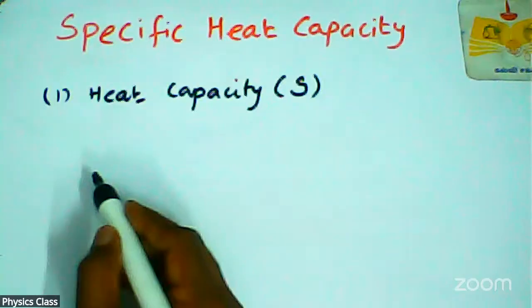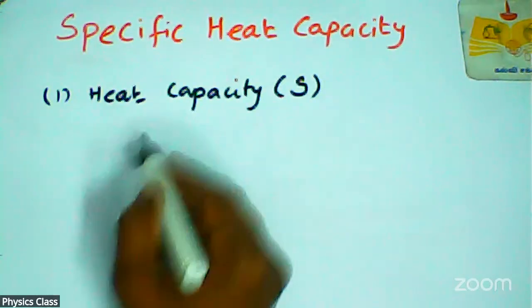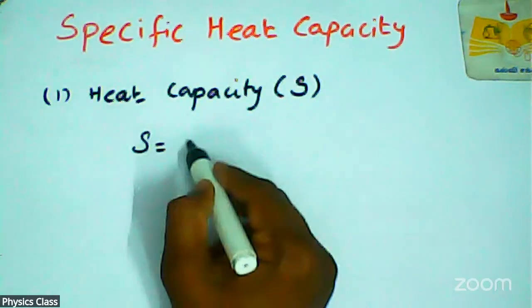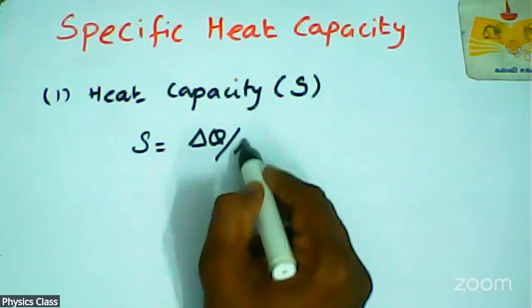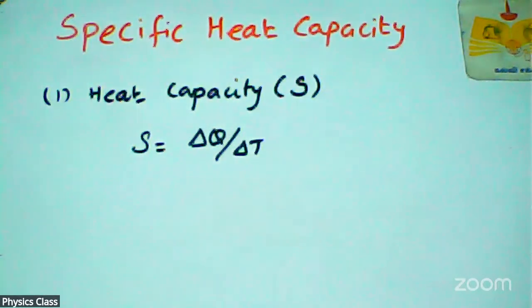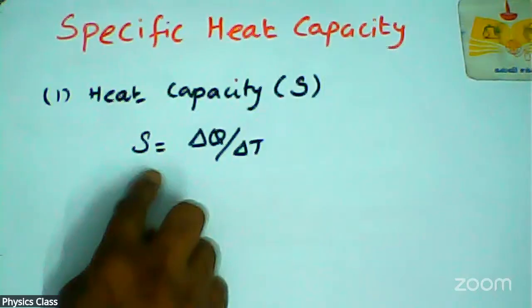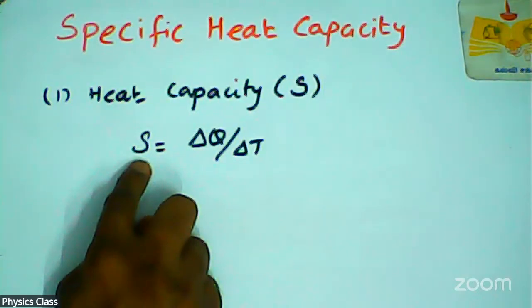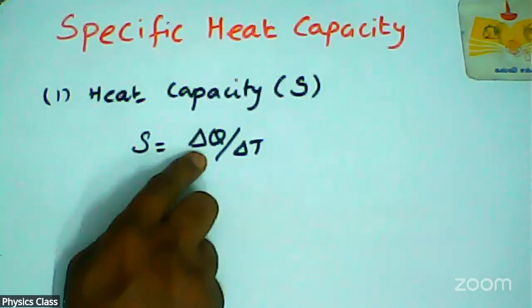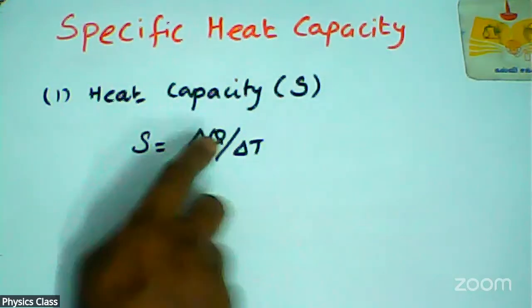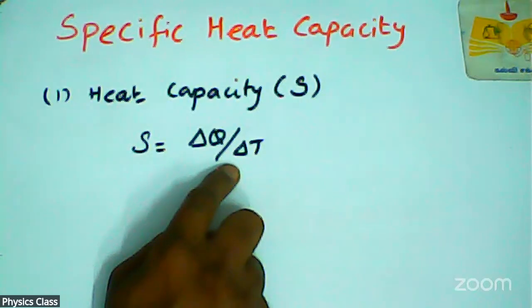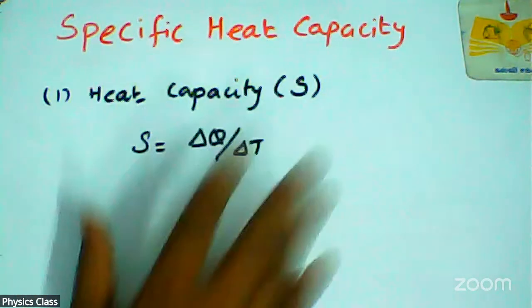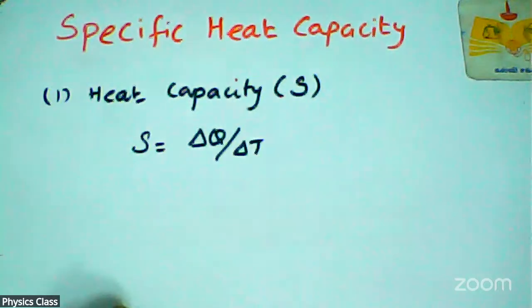So the heat capacity formula: S is equal to del Q by del T. By definition, heat capacity is the amount of heat required to change the temperature of an entire substance by 1 unit.